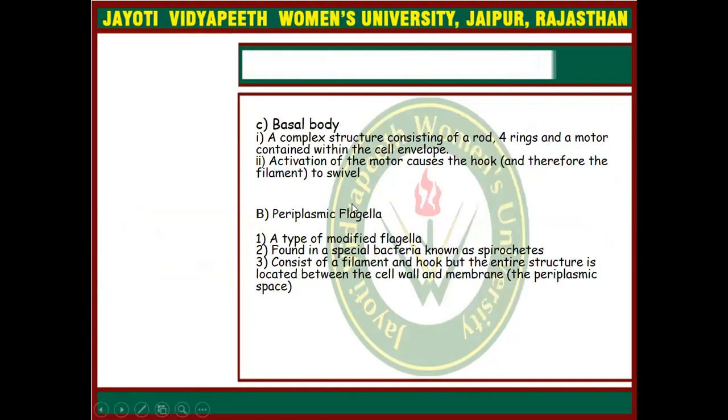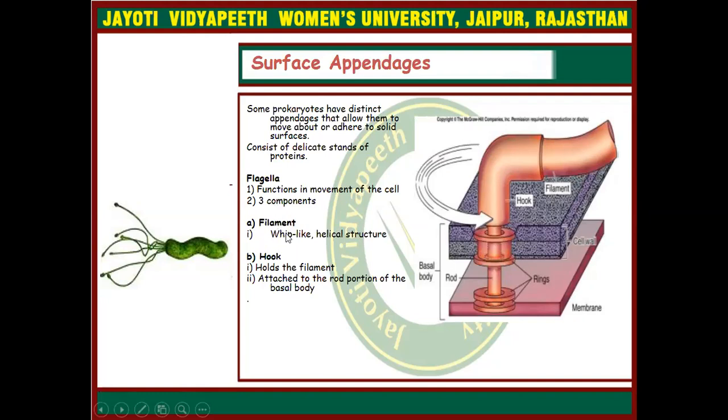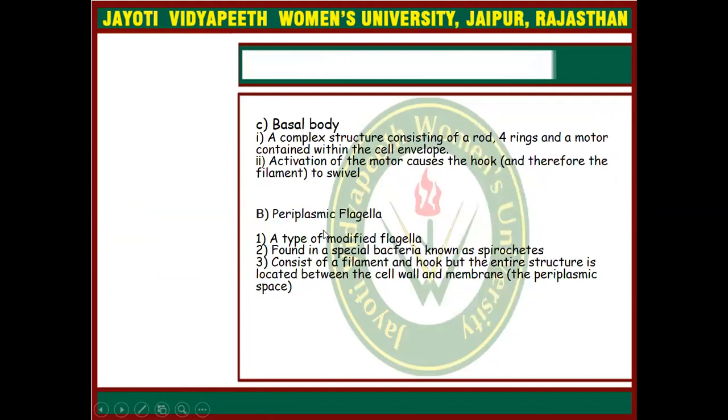The second one is the periplasmic flagella. This is the flagella, and this is the periplasmic flagella. The difference is that periplasmic flagella is found only in some special bacteria such as spirochetes. It is a modified flagella found only in specific bacteria known as spirochetes.